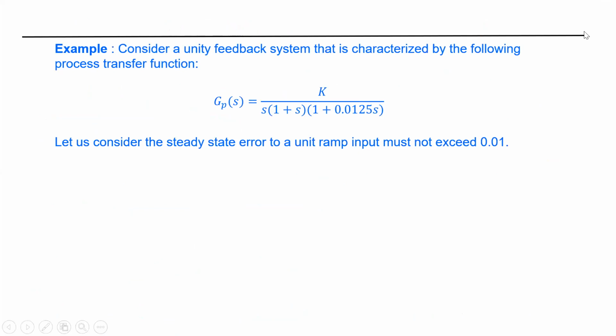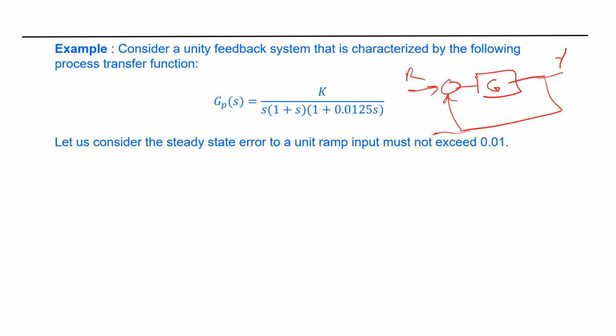Now, I have a unit feedback system, and this is the G. Sorry, this is, let's say, R, and this is Y. The system is third order of type 1.